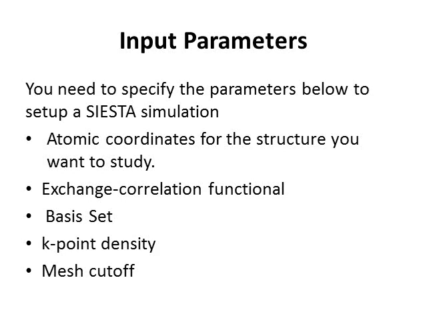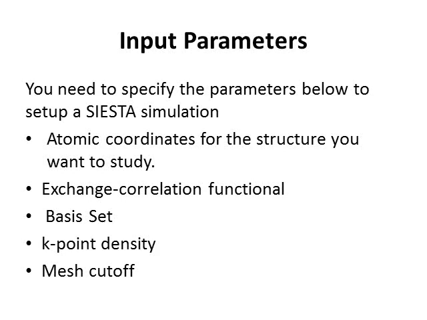Here I want to repeat the parameters you need to specify to set up a SIESTA simulation. They include atomic coordinates for the structure you want to study, exchange correlation functional, basis set, k-point density, and mesh cutoff. For atomic coordinates, you can generate them using CrystalMaker, VESTA, or VMD.